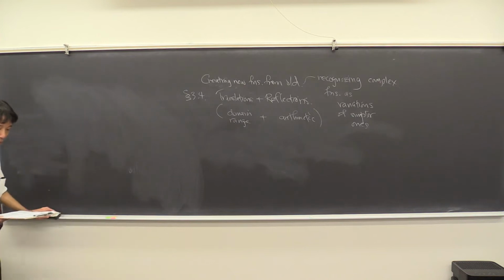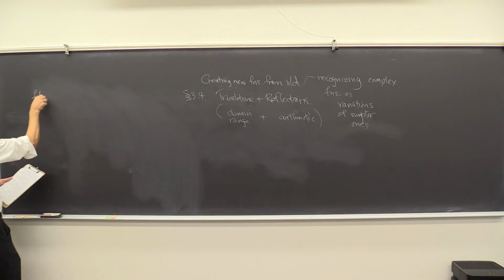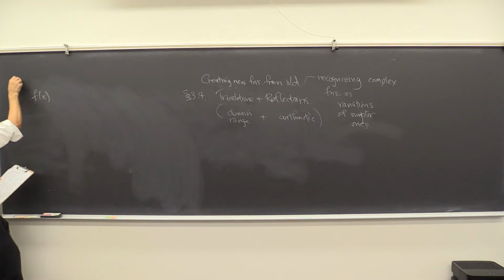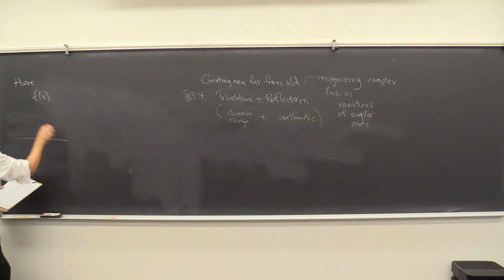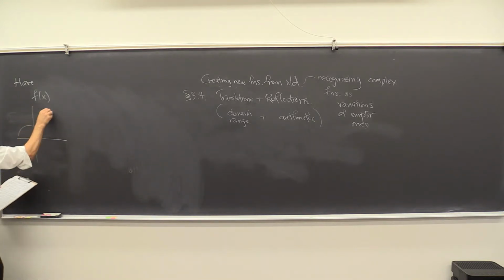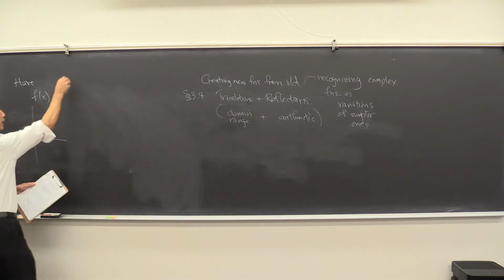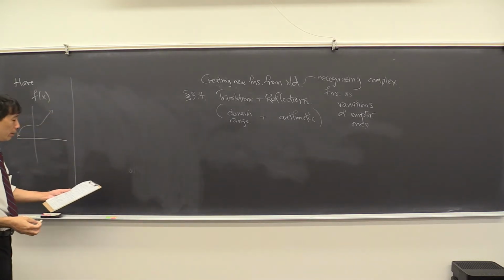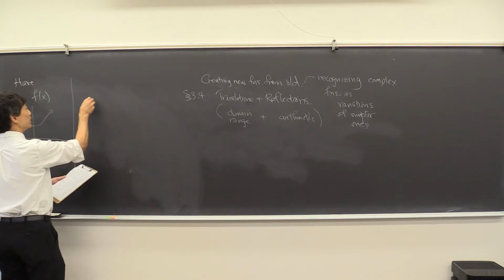It's a pretty simple idea. You have some function f of x. Maybe this is the graph. And then you say, I'd like to think about variations of this function.